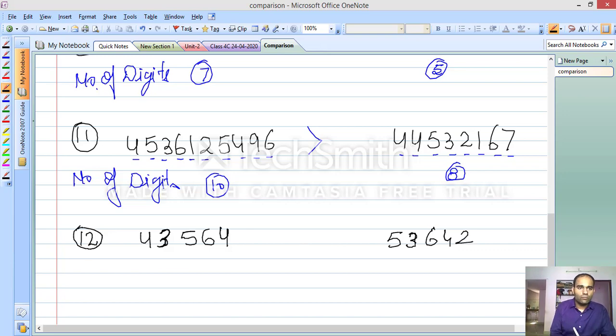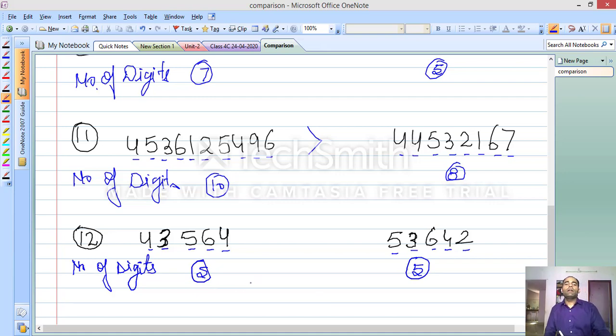Okay, now if we want to compare the numbers, what do we need to do first? First we will count the digits. Okay, count. 1 2 3 4 5. Okay, count here 1 2 3 4 5.